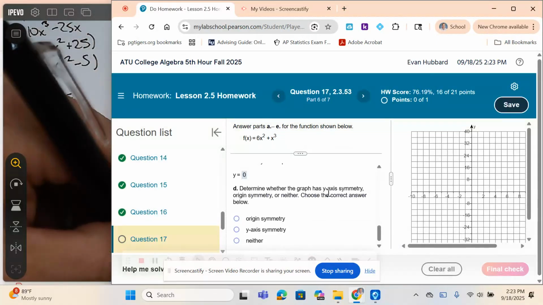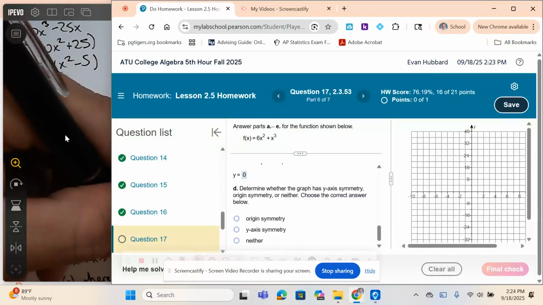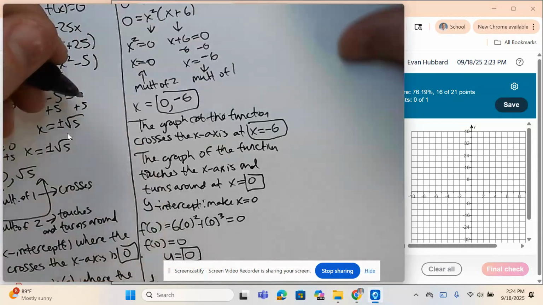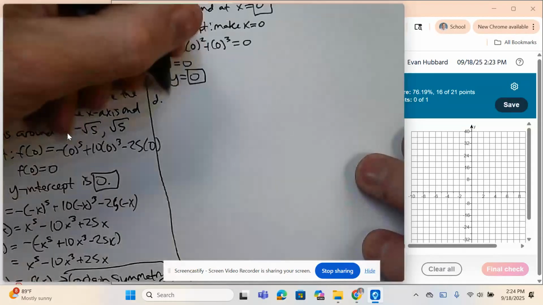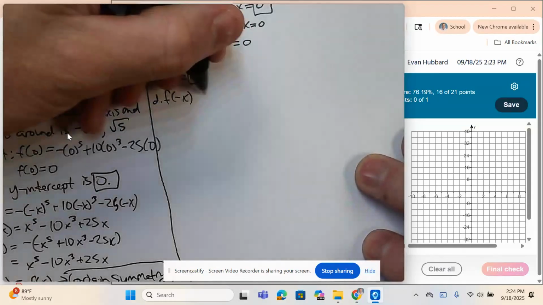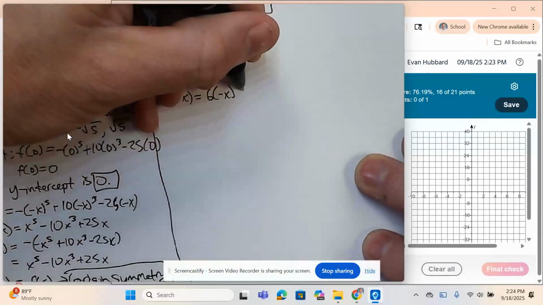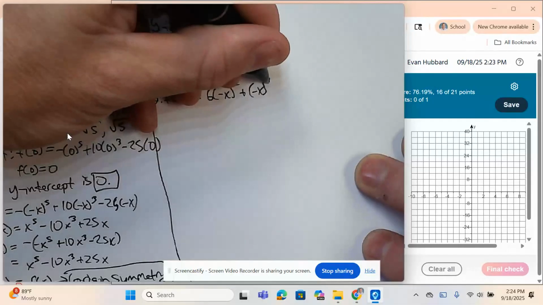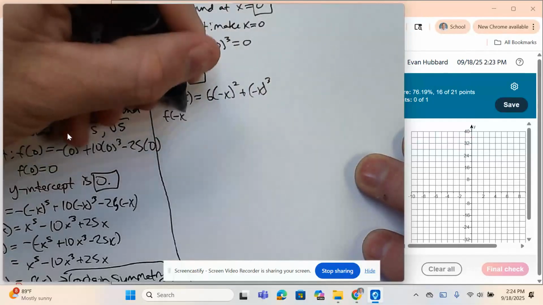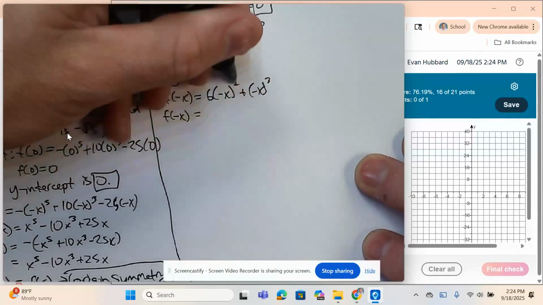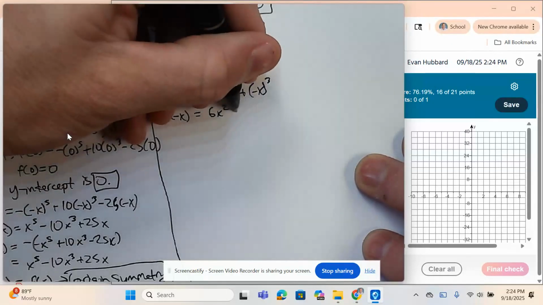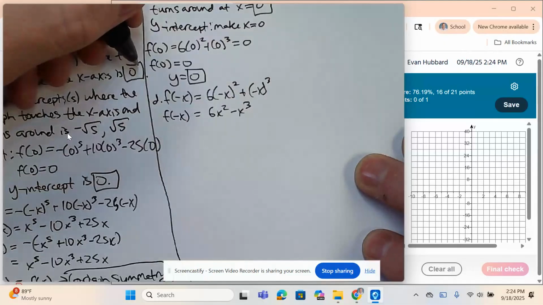All right, determine the symmetry. So for the symmetry, I'm going to find f of negative x. That's going to be 6 times negative x squared plus negative x cubed. So f of negative x is equal to 6x squared minus x cubed. Okay.